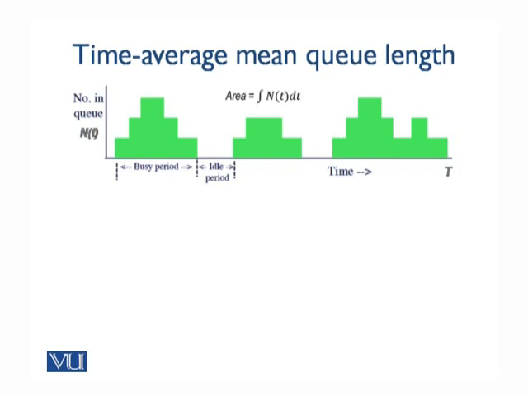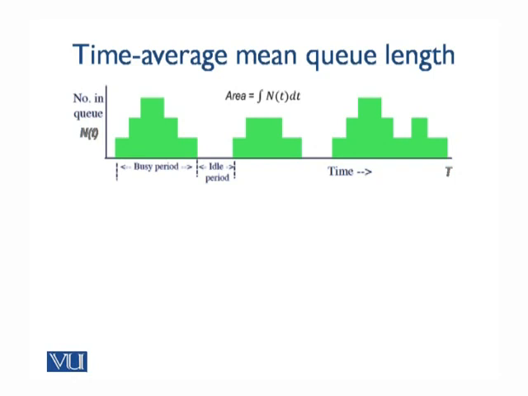For that, we have a graph in which we are plotting the instantaneous queue length against time. We observe that the system started idle, and then you had one arrival. So the number of customers in the queue rose to 1, and then you had another arrival.